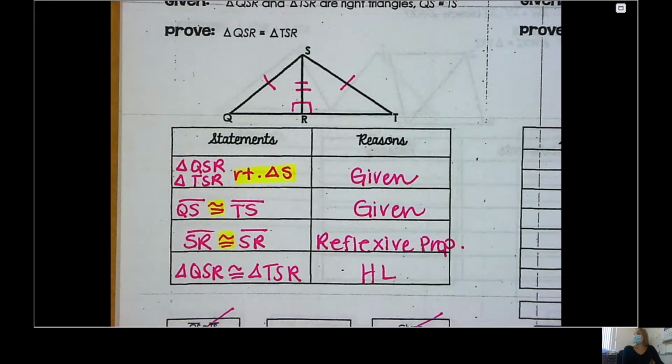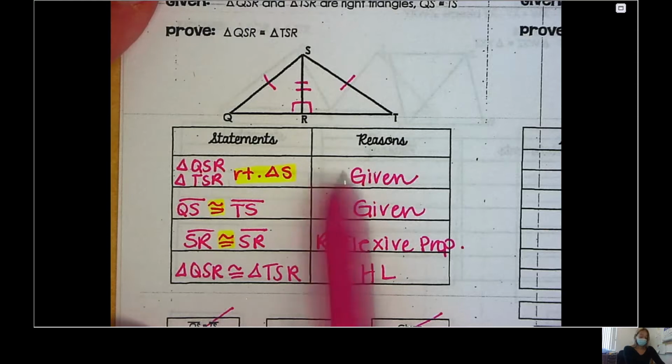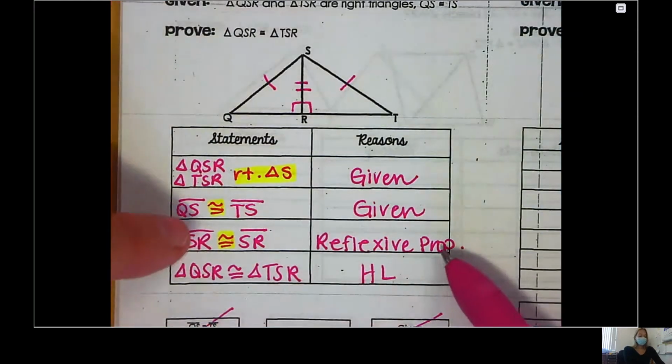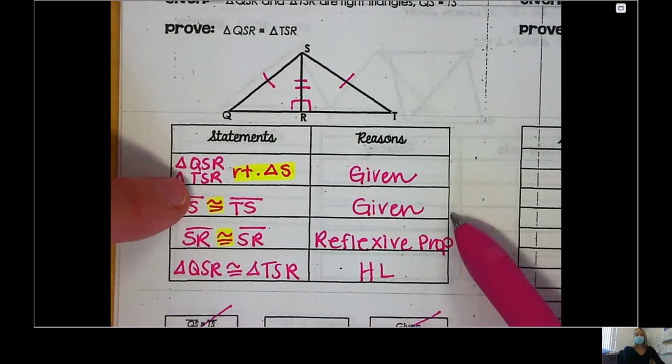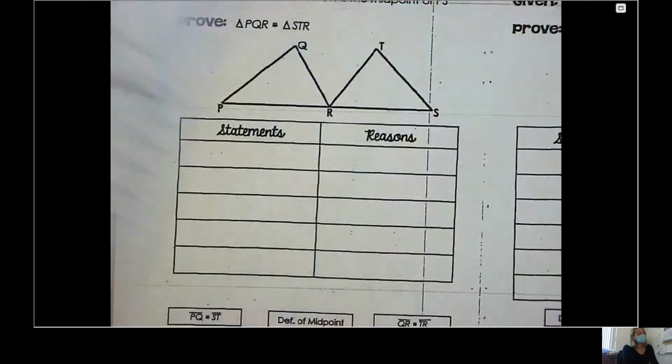The only thing that's important is that your statements and your reasons match up together. So these two have to go together. These two have to go together. But if you put this third step before this second step, there's nothing wrong with that. You're allowed to do whatever order you want. Okay? All right. Let's flip over to number 5.